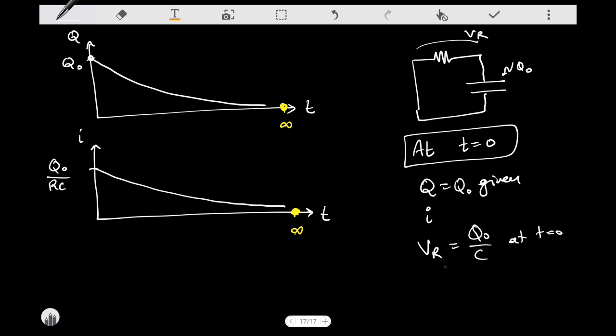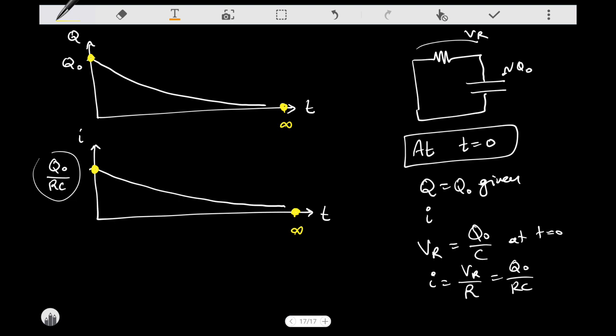So if there's a potential difference on the resistor, then the current on it is potential difference divided by R. So that justifies this value. At t equals 0, the current has this value, which is proportional to the initial charge, and the charge has the value Q0. So everything seems to be reasonable.